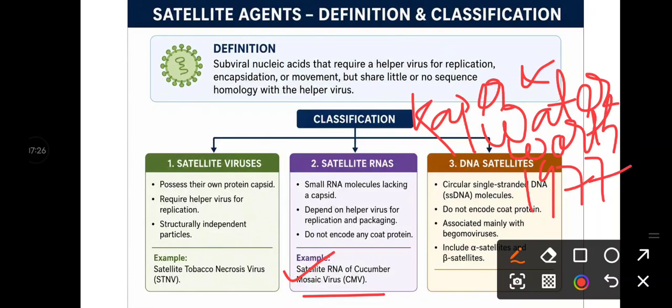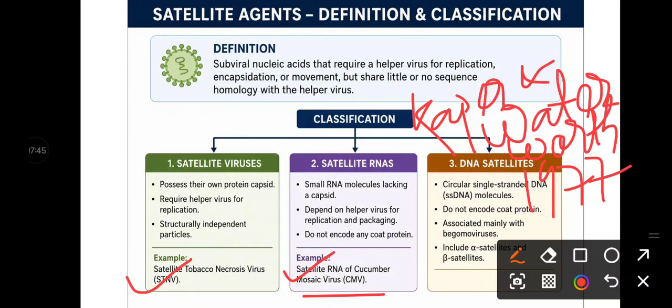So the scientist Cassanis in 1962 discovered the first satellite virus, that is STNV, and Kaper and Waterworth in the year 1977 first discovered the satellite RNA of CMV.